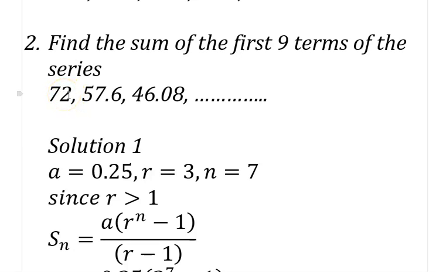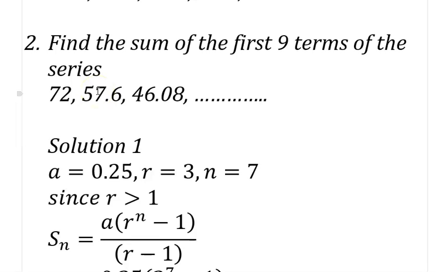Let's check. Like I told you, the method I'm using I think will be easier: take your second term and divide by the first term, divide your third term by the second term, and you get the common ratio.